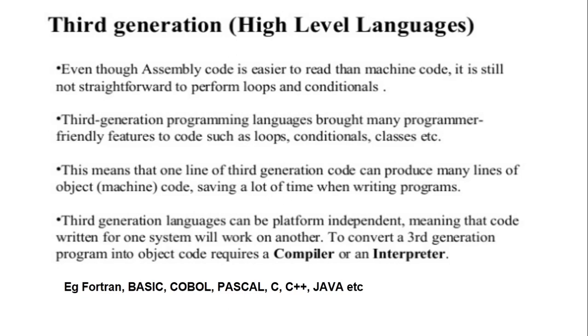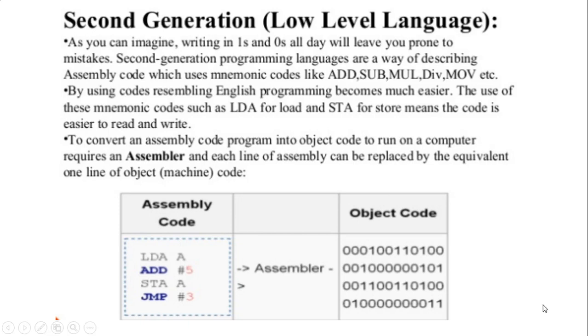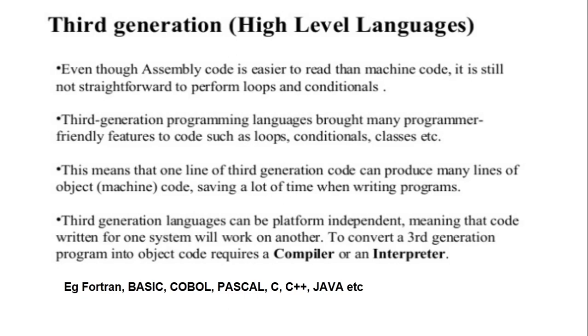In the previous example, in the second generation, we saw that an assembler was needed to translate from assembly to machine language. In case of high level language, we need a compiler or an interpreter which will convert our high level language to machine level language.